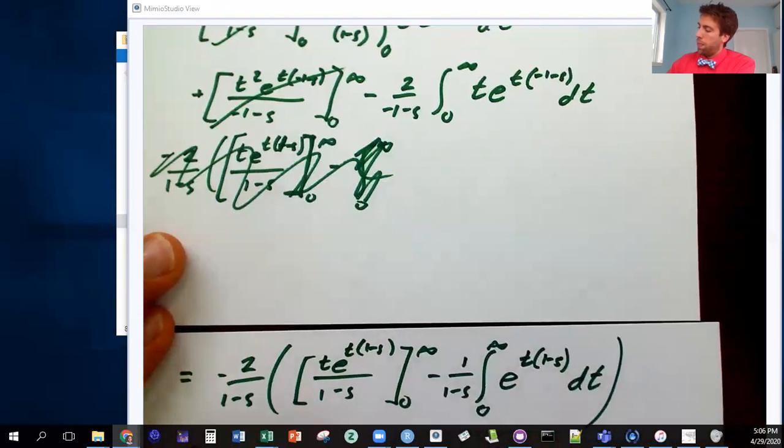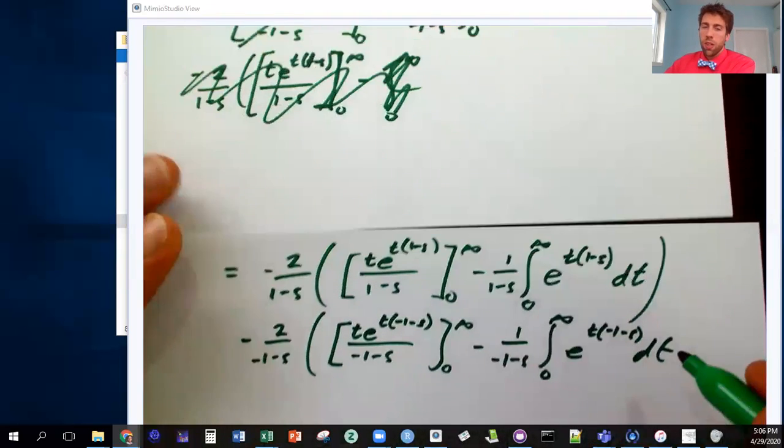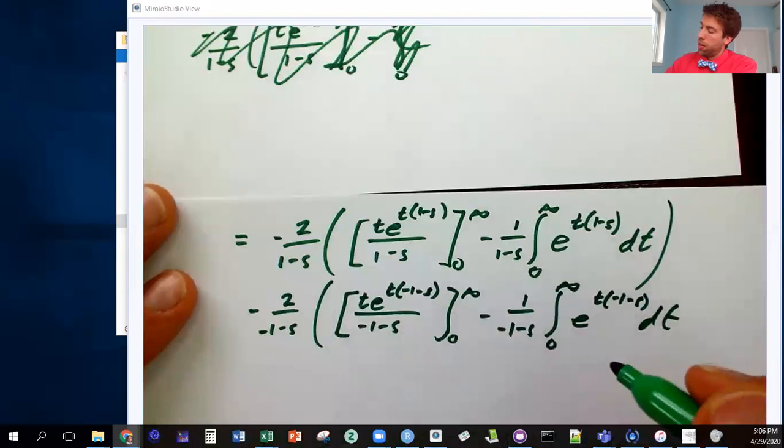And then minus 2 over negative 1 minus s times t e to the t times negative 1 minus s all over negative 1 minus s, 0 to infinity, minus 1 over negative 1 minus s, integral 0 to infinity, e to the t times negative 1 minus s dt. Still assuming s is greater than 1.